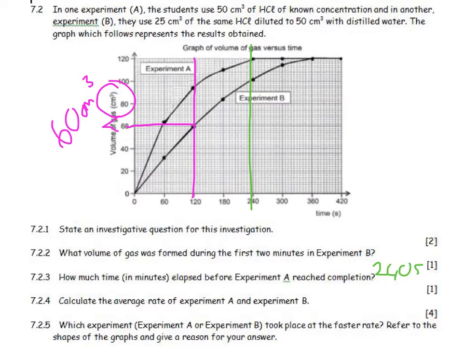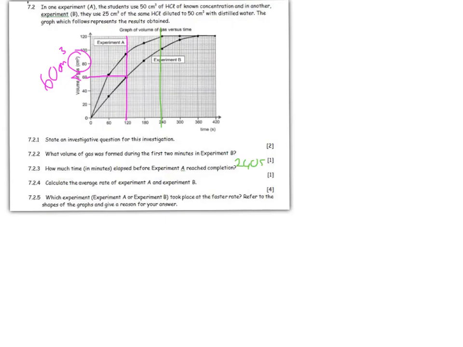Calculate the average rate of experiment A and experiment B. When you're calculating the average rate, the rate of the reaction is the gradient of the graph. So what we're going to do is say change in Y, which is change in volume, over change in time. And on average, what happened?